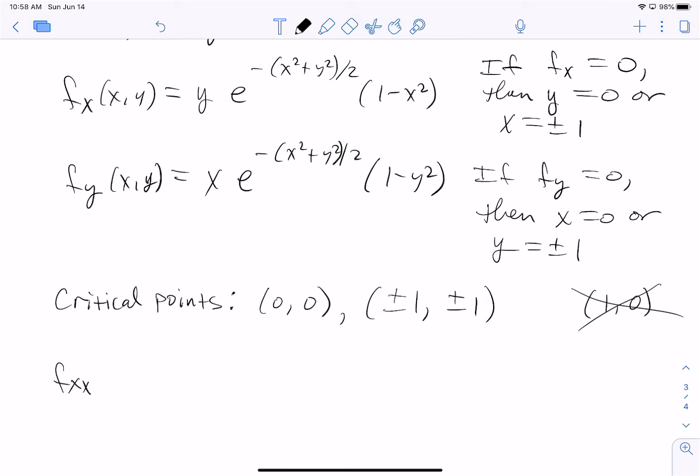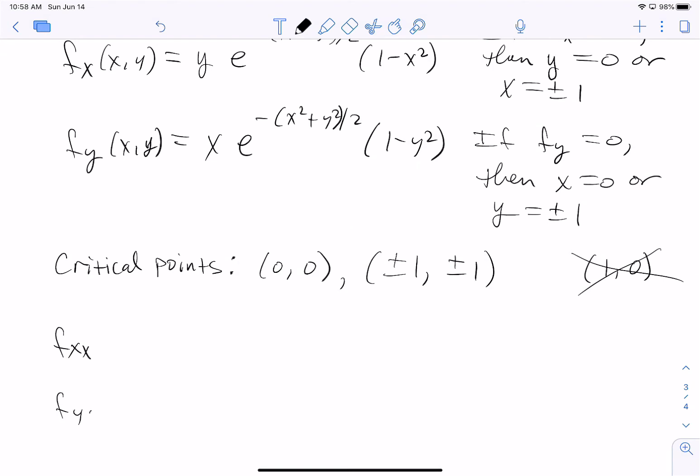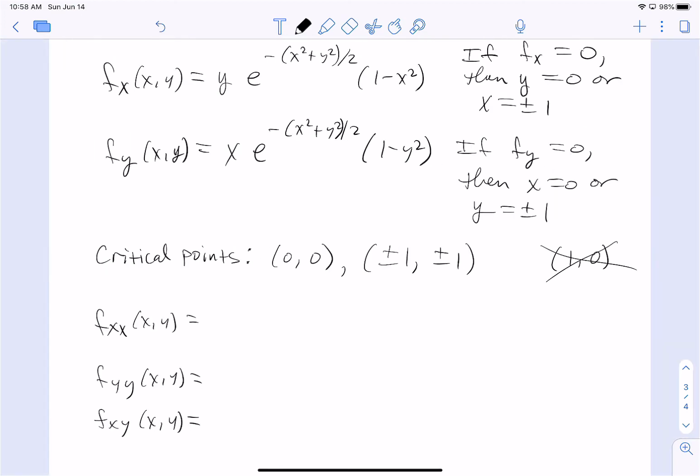First, we're going to find the expression for d. And for that, we need fxx, fyy, and fxy. I will again leave it to you to confirm that fxx is equal to x y e to the negative quantity x squared plus y squared over 2 times negative 3 plus x squared.